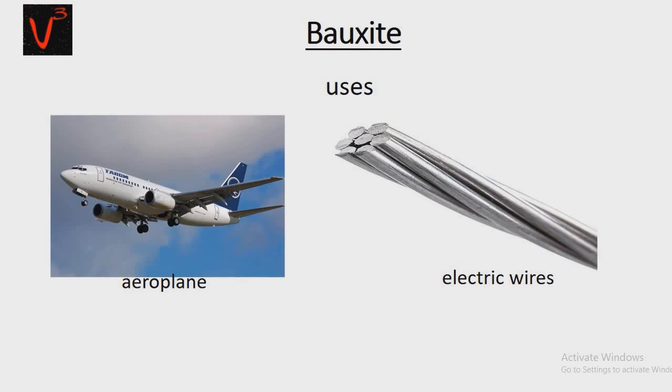It contains 55% of aluminium. Bauxite consists mainly of aluminium oxide. Aluminium is a very good conductor of electricity and heat. Its density is low, therefore it is used mainly in making aeroplanes, transport vehicles, and electrical wires.